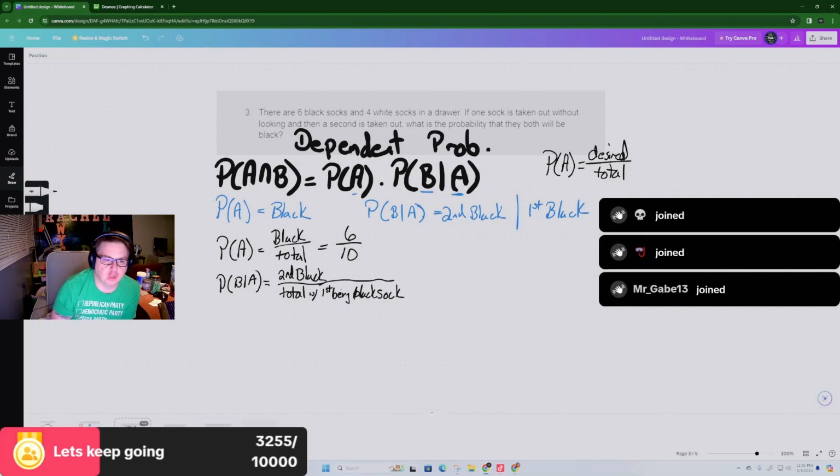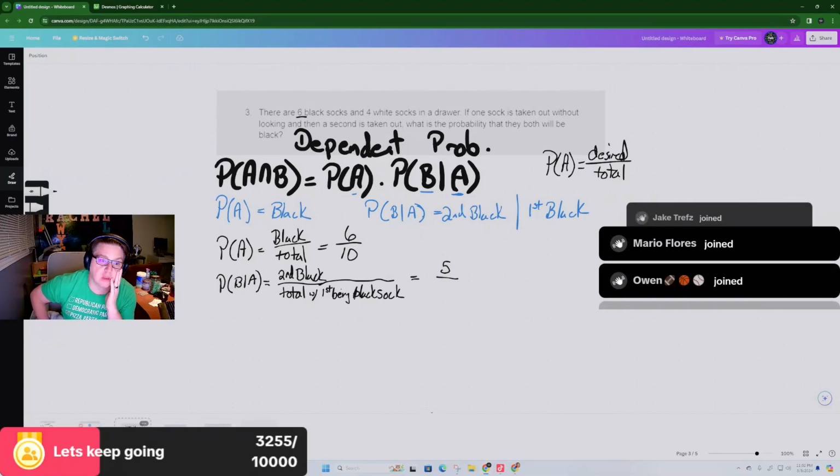Okay, so if we pull the first thing, what is the first thing that happens? We pull the black sock. So how many black socks are left? Well, it stands to figure that if we started with 6 and we pulled one, we would only have 5 black socks left. Okay, hopefully that makes sense.